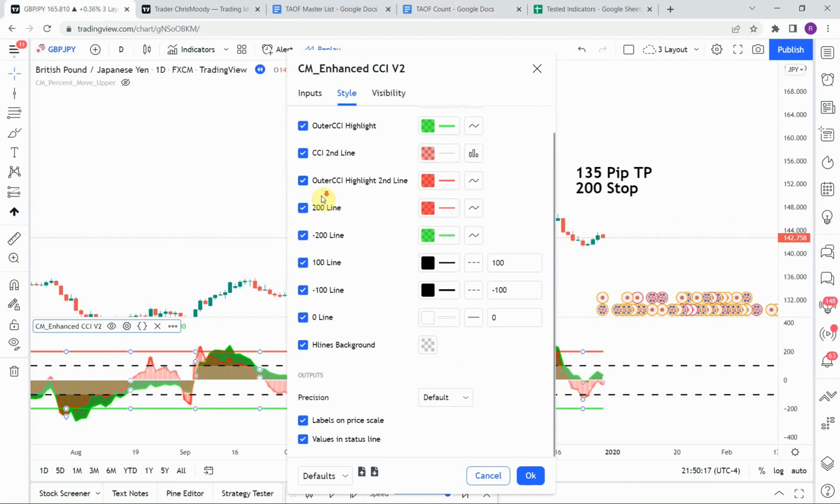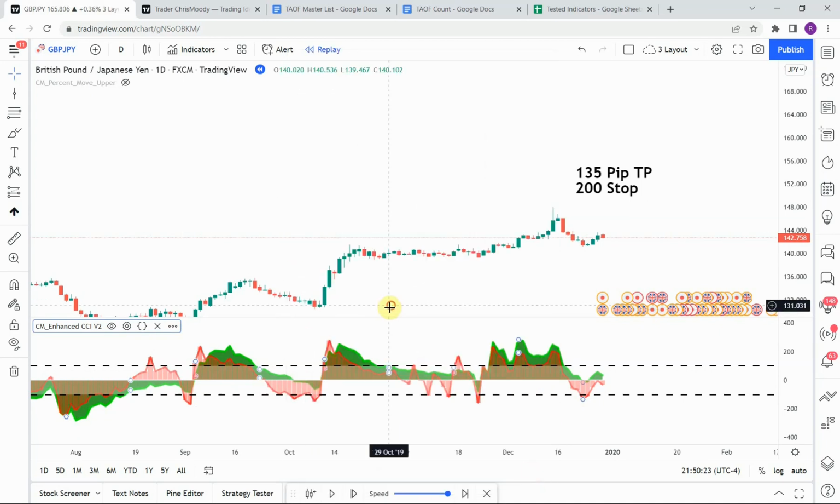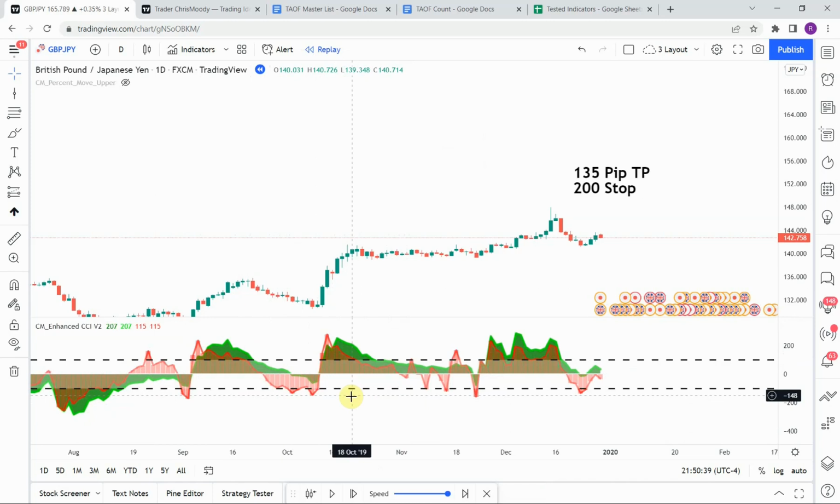Let's see. Nope, not that. Let's see. That one and that one. So we're going to go ahead and turn those two off because we're not going to actively utilize them. What we're actually looking for are these dashed lines here. We have this dashed line on top, a dashed line at the bottom, and right down the middle we have our zero line.